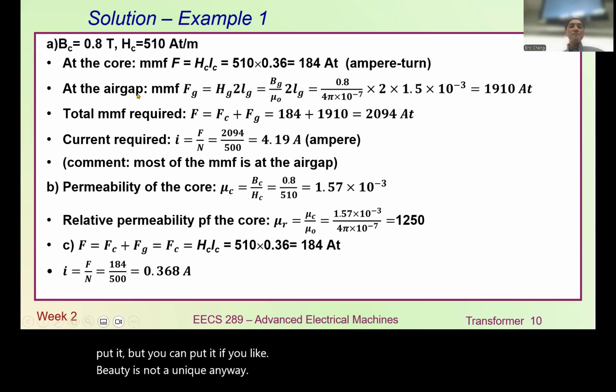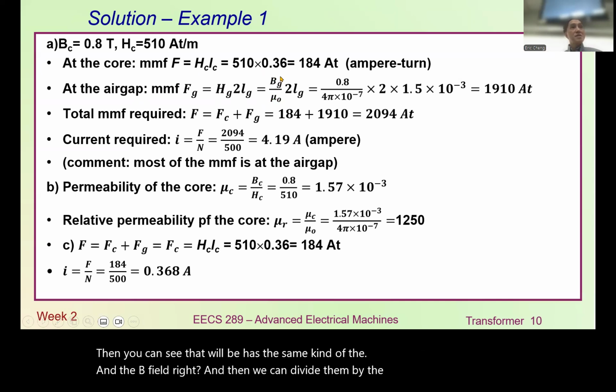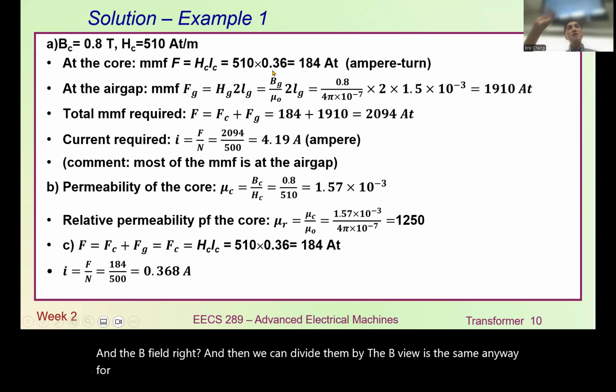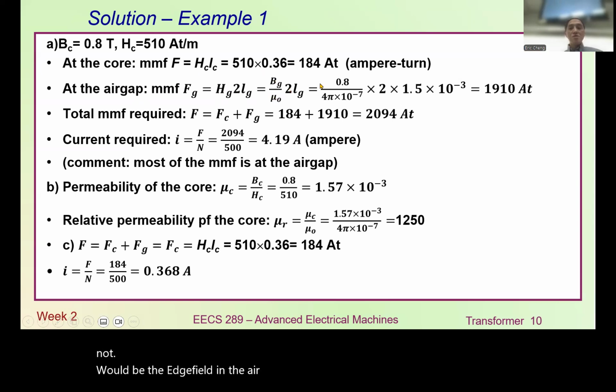And then for the air gap, the amount of driving force appearing in the air gap will be the same kind of B field, yeah? The B field is the same anyway for the core component and the air gap component. Dividing by mu naught gives the H field in the air gap. So just this one divided by that one.